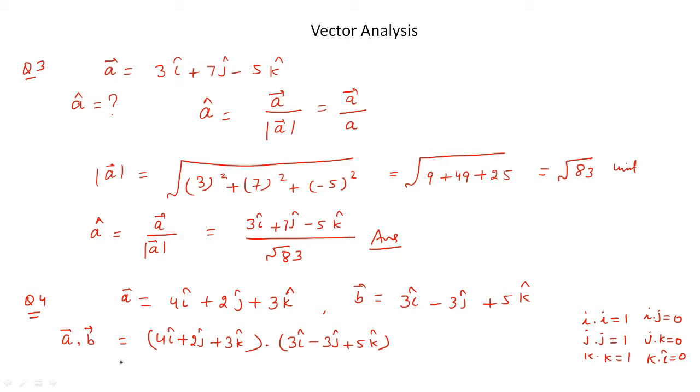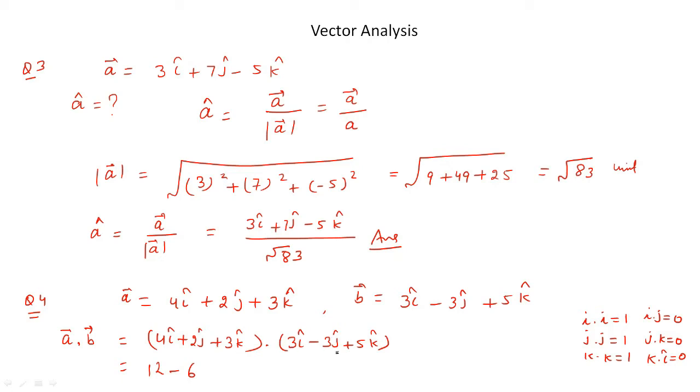So when we solve this dot product of the two vectors, here you can see that i dot i will make it 1. So 4 into 3, it will be 12. Then j dot j, it is 1. So 2 into minus 3, it will be minus 6, plus k dot k is 1.